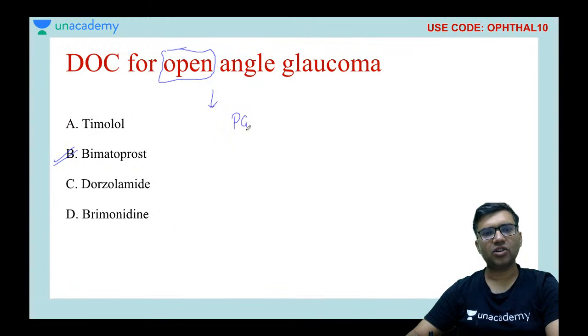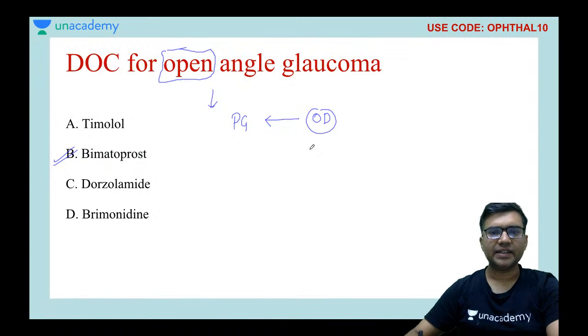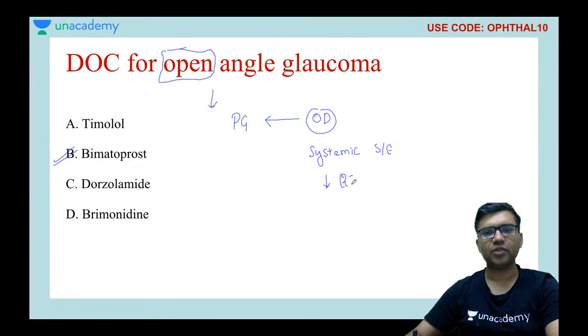Why are the PG analogs the drug of choice? Because they have the advantage of OD dosing. Okay, they are free from systemic side effects, and nonetheless they have the maximum decrease in the intraocular pressure by around 25 to 30%. Okay, so all these reasons make PG analogs the drug of choice for open angle glaucoma.